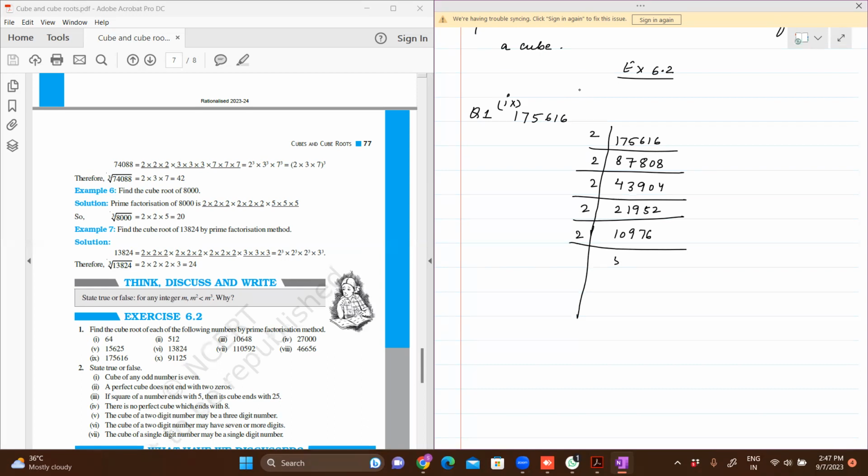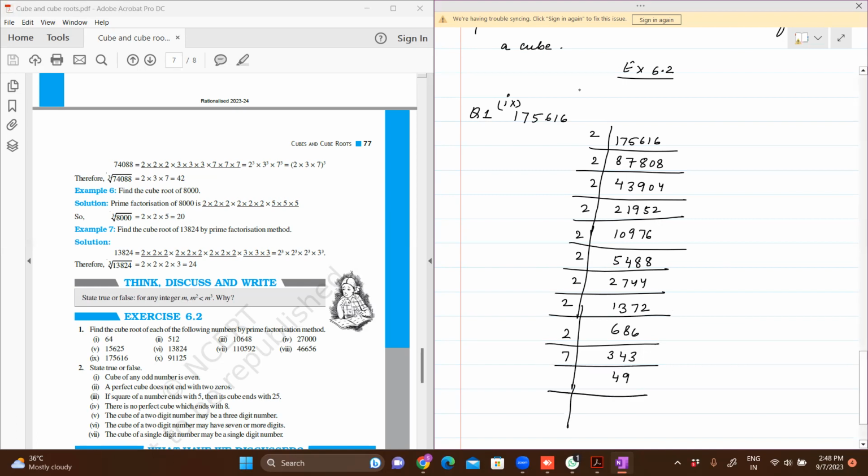It will go again by 2. Now it will go by 7. 7 into 49. 7 7s are 49.